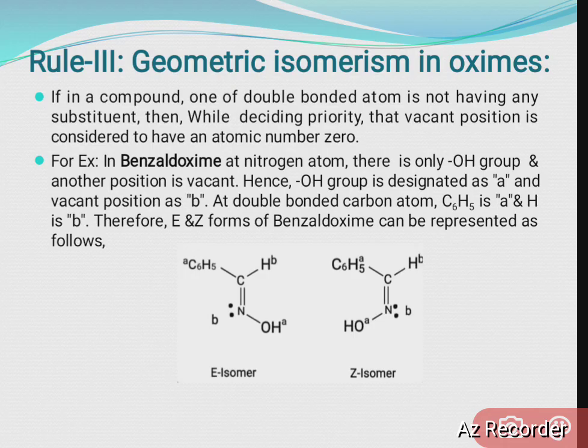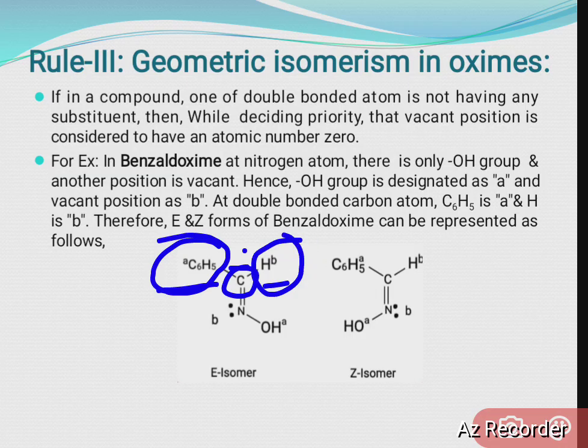Okay, see here. Here, first for this carbon, one is the benzyl group, the other one is hydrogen. Okay, so compared to hydrogen, carbon has the higher atomic number, hence the benzyl group gets the highest priority.